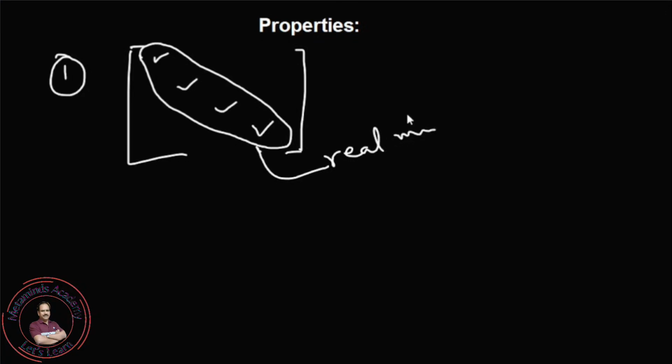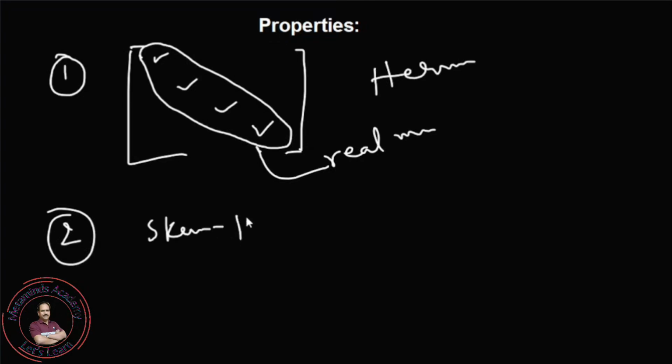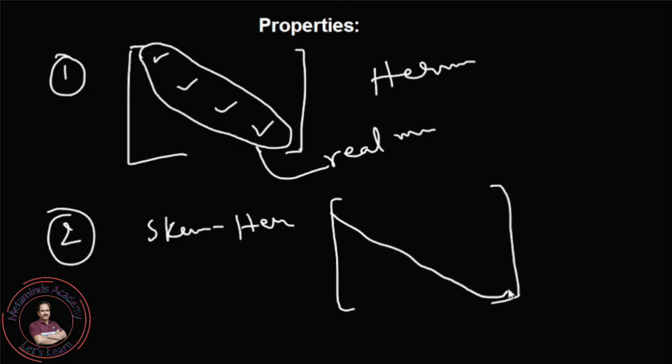Real numbers for a Hermitian matrix. So when it comes to a skew Hermitian matrix, all the principal diagonal elements must be either purely imaginary or zeros.